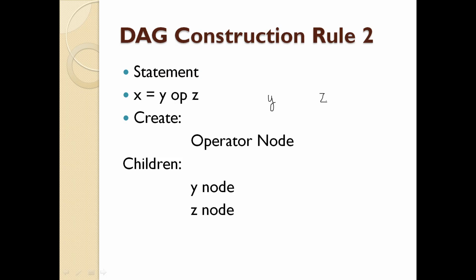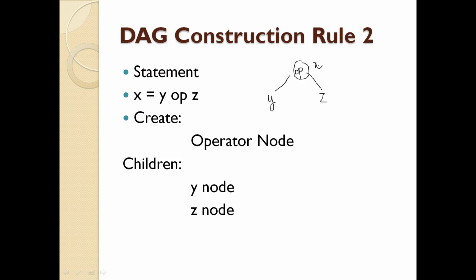Now I am telling you how to create an internal node. The operator placed in between these two is to be created as an internal node, and the children nodes are Y and Z. And this operator node is to be labeled X, because the result is being stored into X.